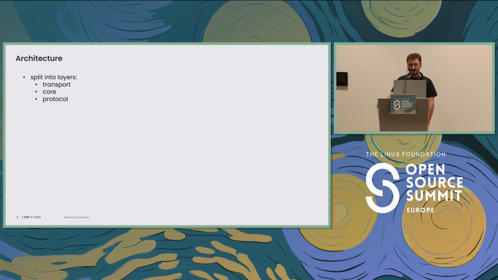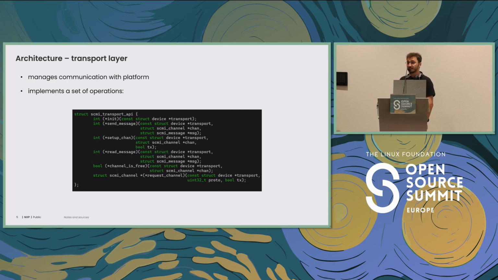So the SCMI support is made up of three layers, which are the transport layer, the core layer, and the protocol layer. The transport layer is the one that manages the communication with the platform, and each transport layer driver needs to implement an API or a set of operations.